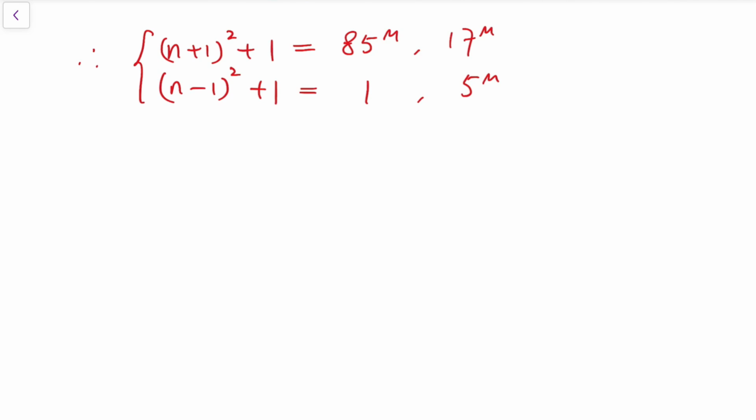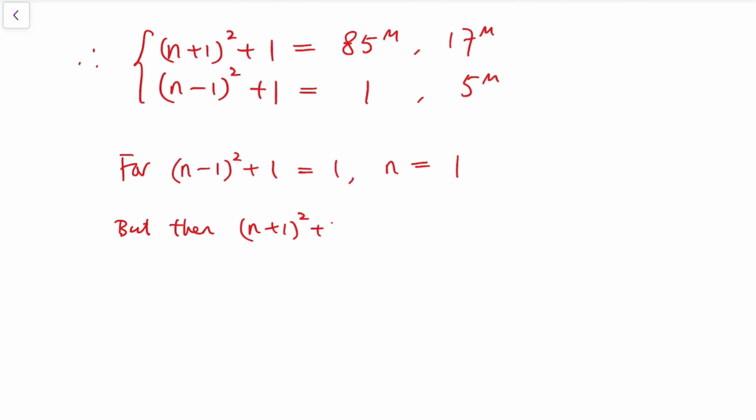The first one is easy to solve because if n minus 1 all squared plus 1 equals 1, then clearly n just equals 1. But if I have n equals 1, the other expression will be equal to 5.